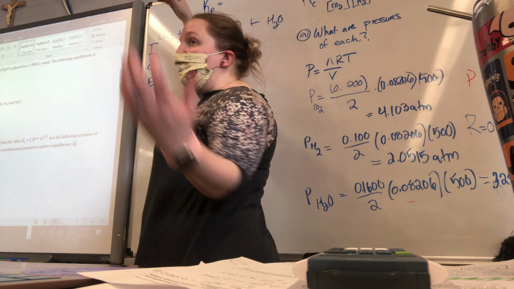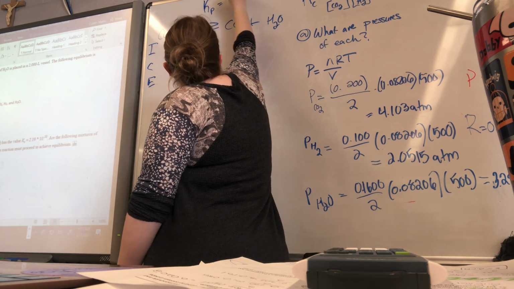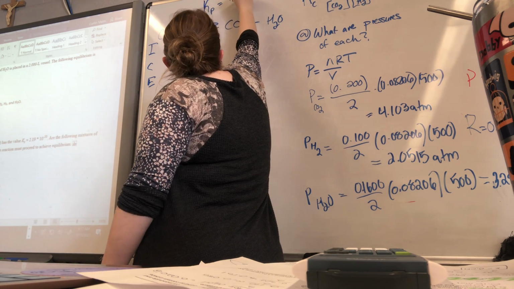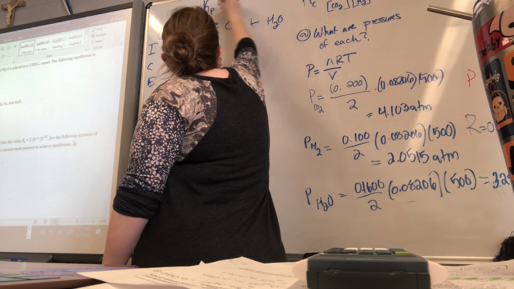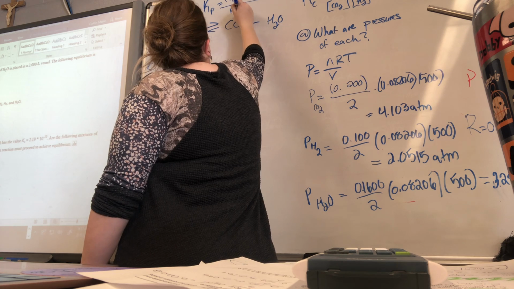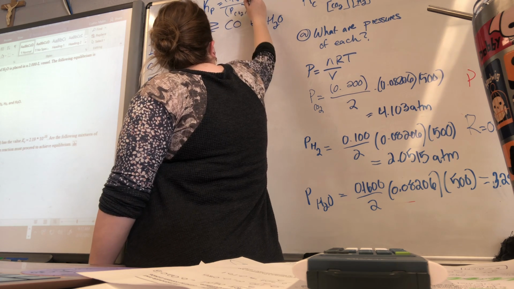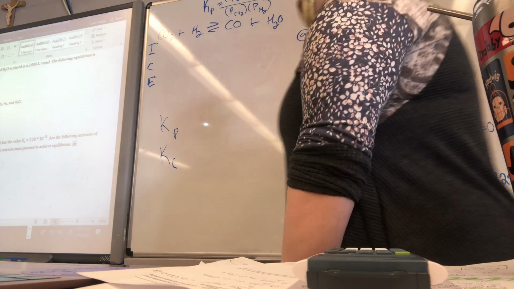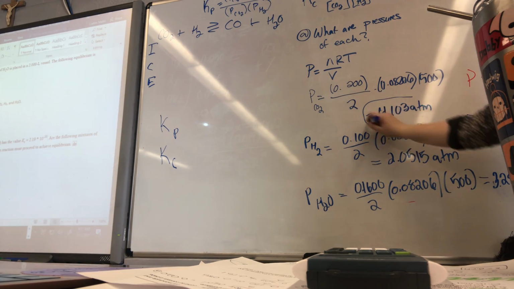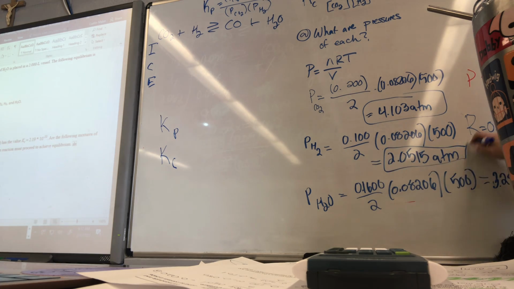Remember that the only difference is that we're going to use pressures of the things instead of concentrations. The expression is exactly the same; we're just going to put different data into it. So I'm going to take my initial pressures and put them into my table as initial information.